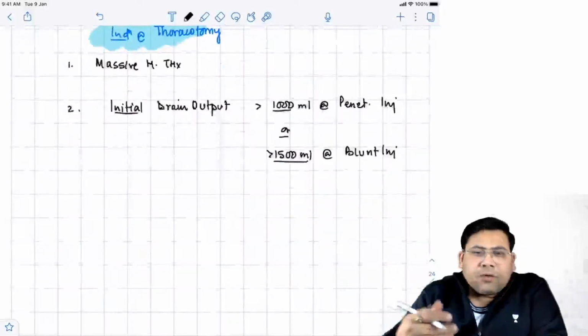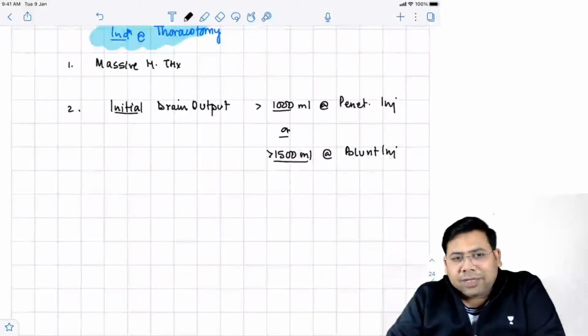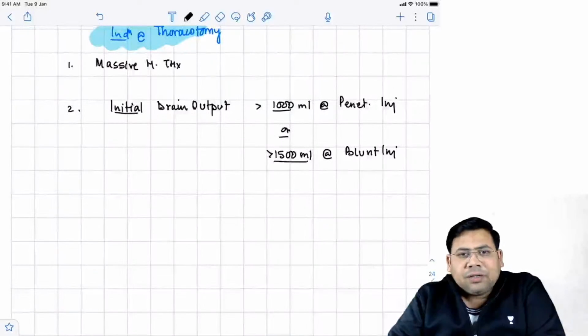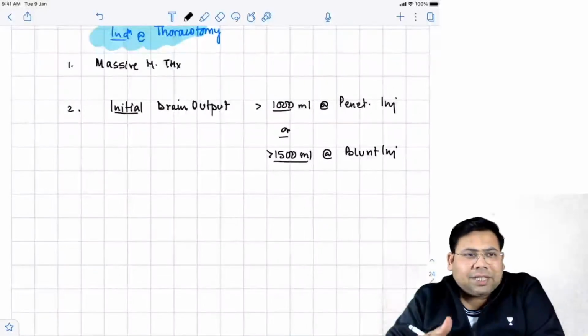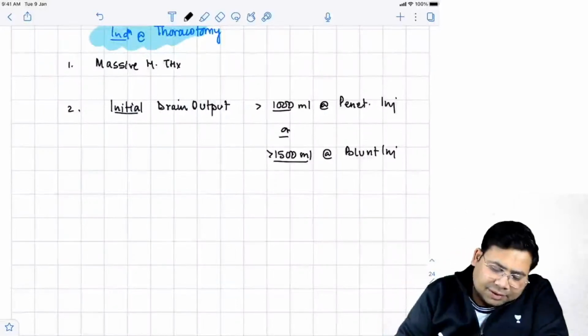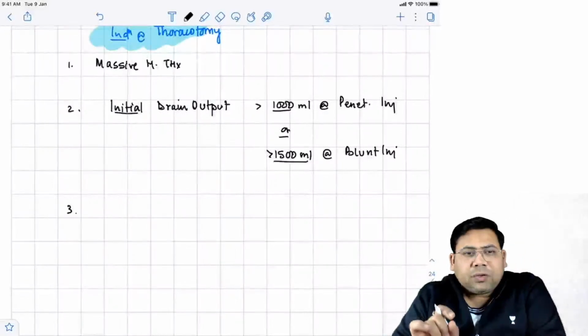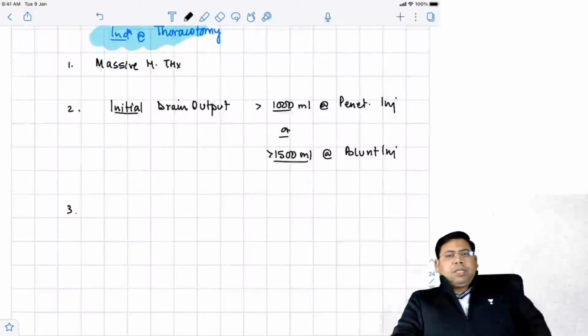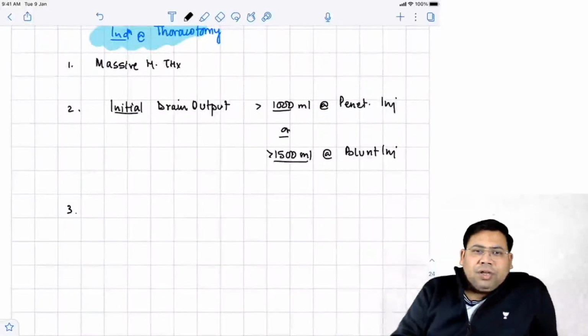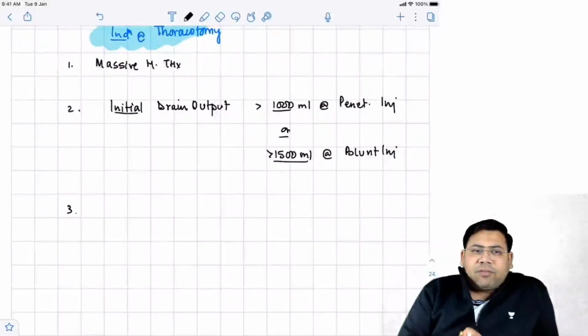Obviously it is qualifying for a massive hemothorax. So more than 1000 ml in penetrating injury means something vital has been damaged.